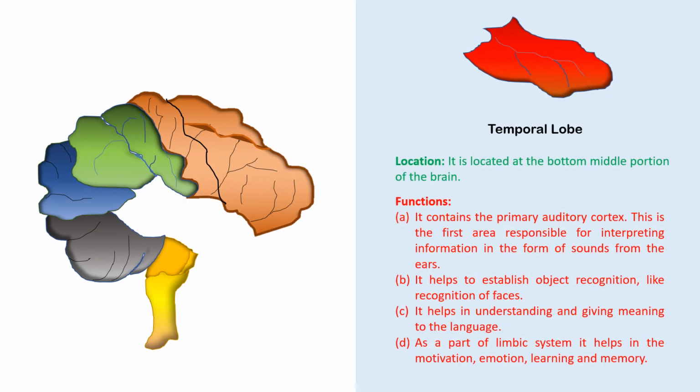Next we will discuss the temporal lobe. It is located at the bottom middle portion of the brain, as we have just seen from the location. So, what are its functions?